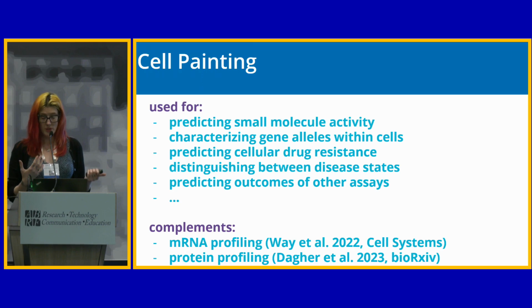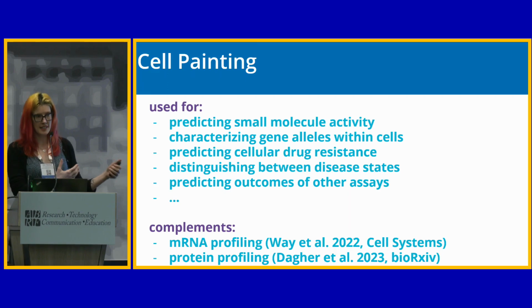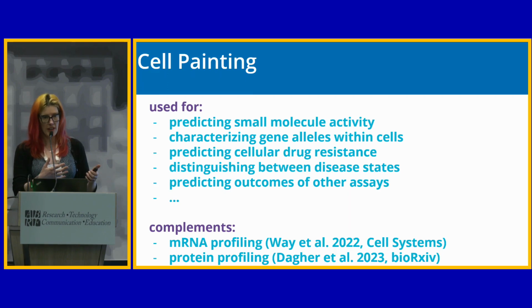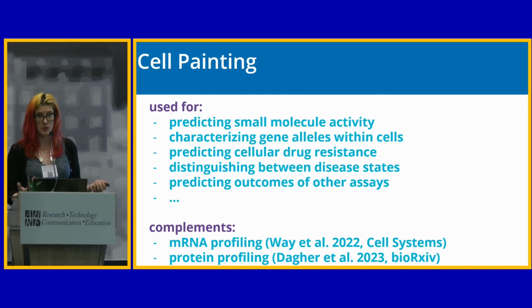And we know that it complements nicely other profiling techniques. So there is information contained in cell painting that both overlaps and is distinct from mRNA profiling or protein profiling, for example. So there is unique information within morphological profiling that you don't get from other omics.